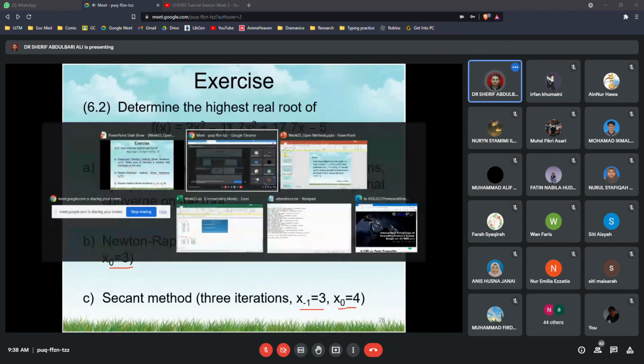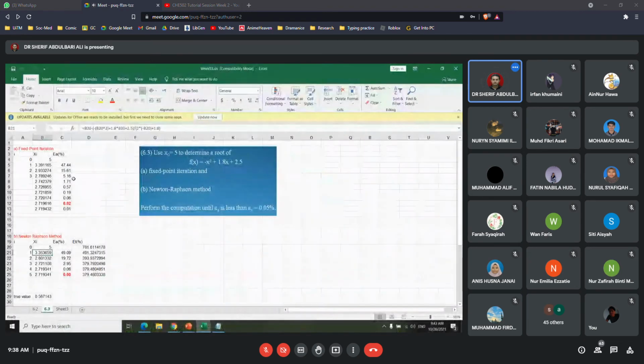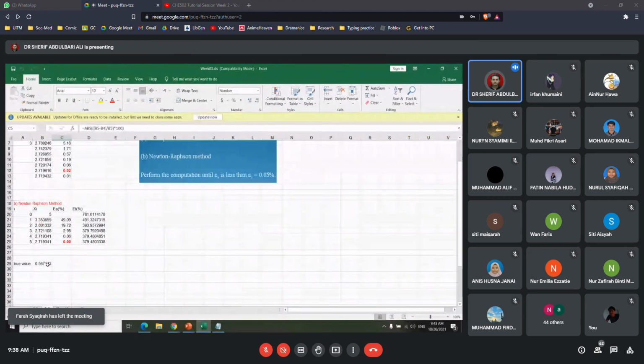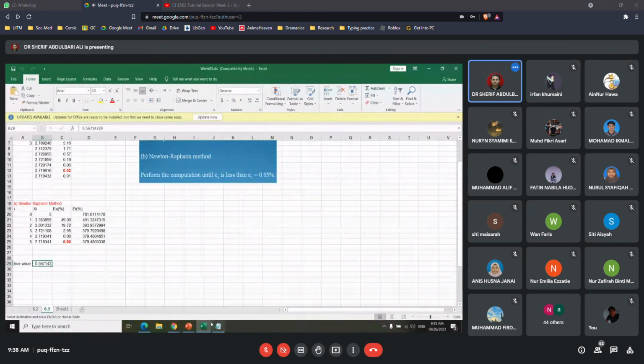Let me show you here, the true value for this example is equal to this value.